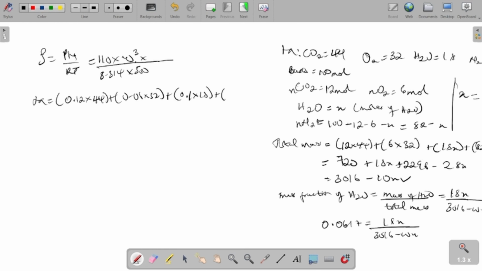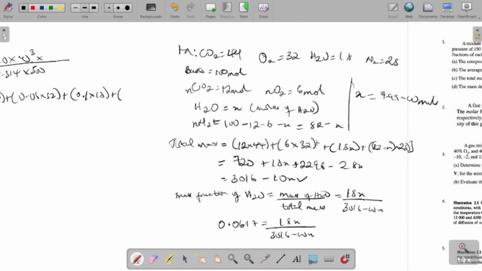Then for nitrogen, you can see that the nitrogen was 82 minus x, which is 10. So nitrogen becomes 72 moles.